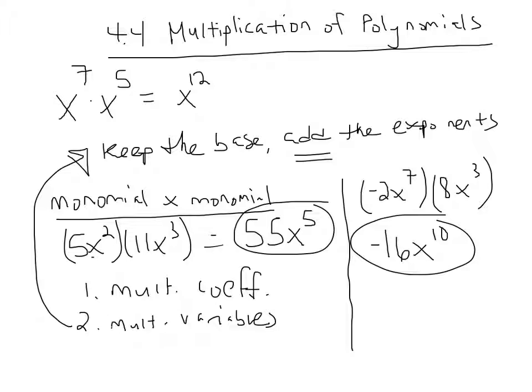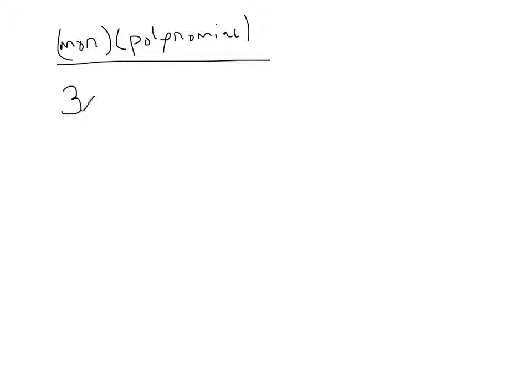Let's flip the page and go to a monomial times any polynomial. So for example, 3x squared can be our monomial, and let's make our polynomial a trinomial of 2x to the 3rd minus 7x plus 9.